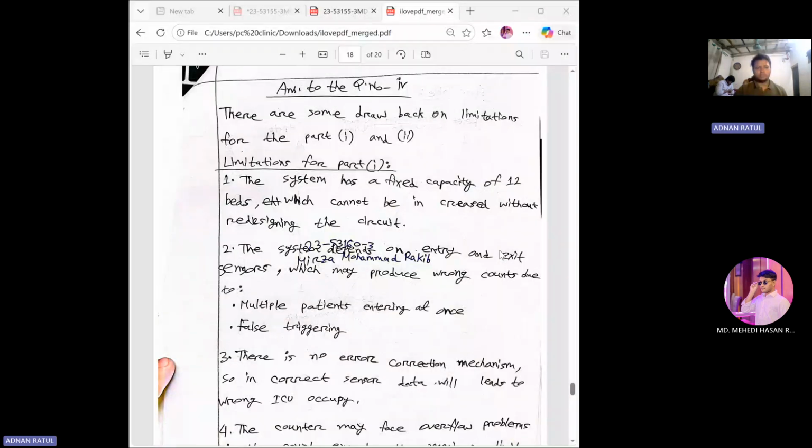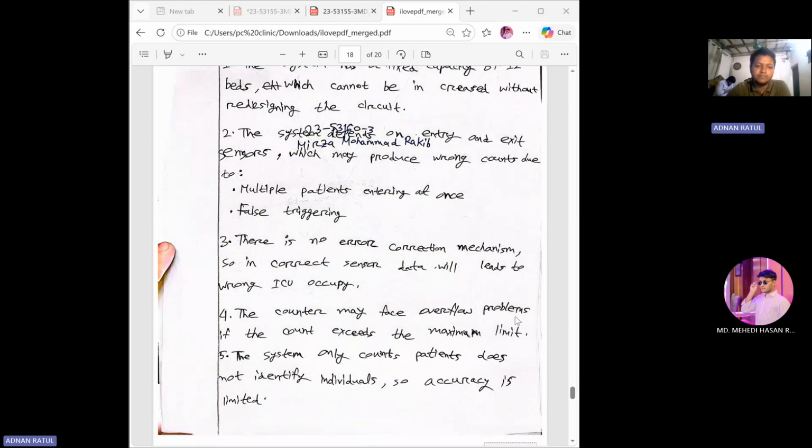Answer number 4 is about the limitations. There are some drawbacks and limitations for parts 1 and 2. Limitations for part 1: the first one is the system has a fixed capacity of 12 bits, which cannot be increased without redesigning the circuit. The system uses an entry and exit sensor, which may produce wrong counts due to multiple patients entering at once or false triggering.